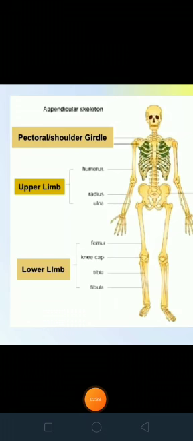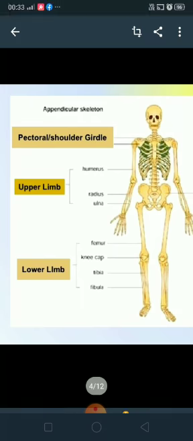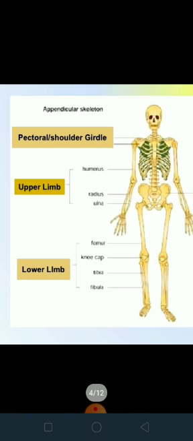Shoulder girdle along with the collarbone helps us to move the upper limb. If you try to move your hand around the shoulder, that is connected to the shoulder girdle. And the pelvic girdle is in the lower part of the body. It helps in the movement of the lower limbs, as well as it protects our important organs like kidney and urinary bladder.